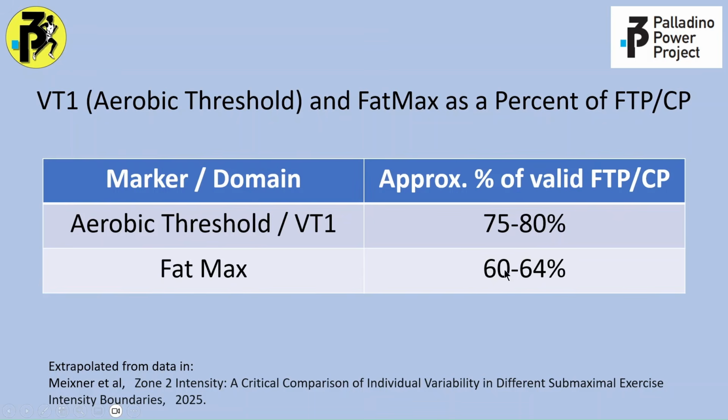All right. Fat Max is even lower. It's maybe 10% lower, 60 to 65%. So when you're typically under 70%, you're in sort of Fat Max, where you're burning fat at the highest percentages of your energy substrate utilization, right around there.